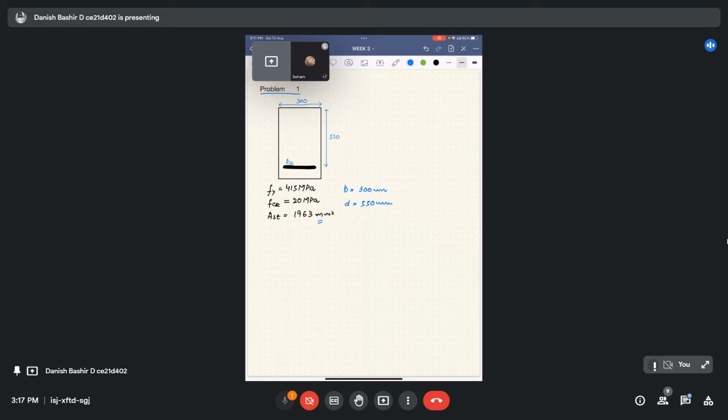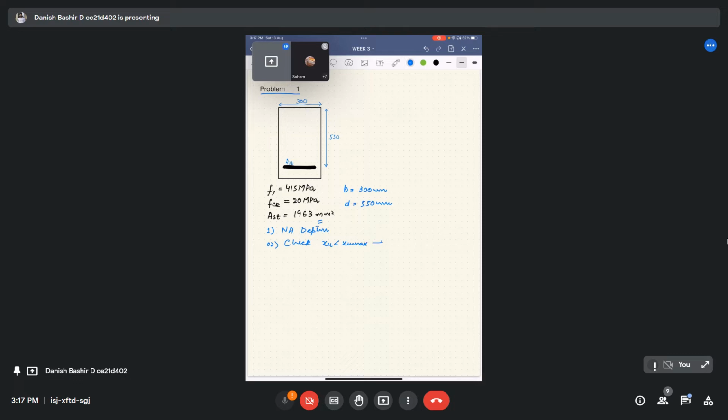So first, how do we analyze? First, we have to calculate the neutral axis depth. Second, we have to check: is XU less than XU max?